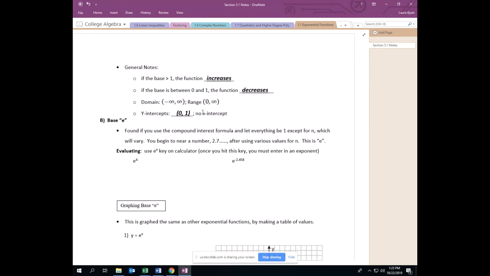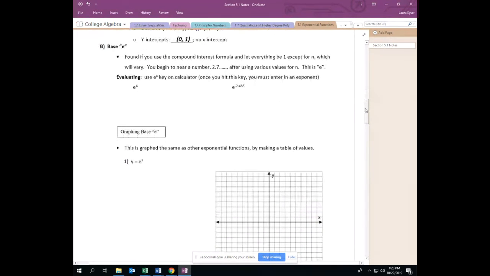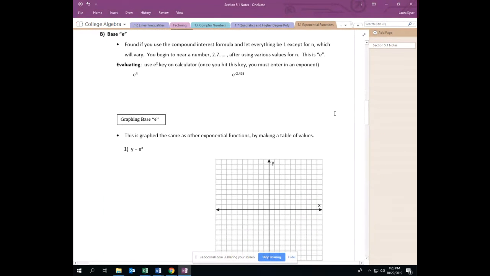And so we are going to talk about some transformations like we do in section 2.5, but they're going to be transformations kind of going along with these exponential functions. So we'll talk about that in a second. Before we get to more involved exponentials, we need to talk about base E functions.